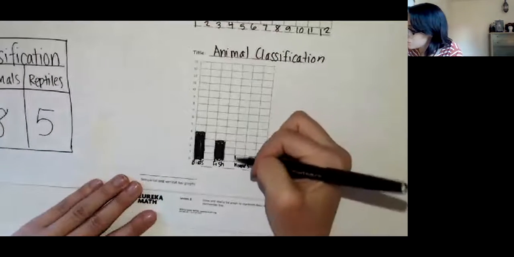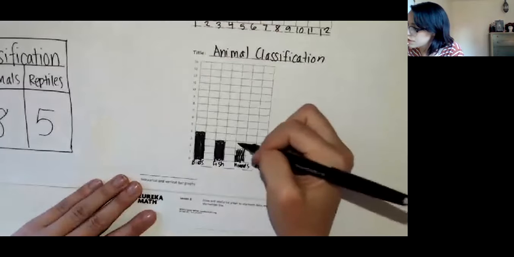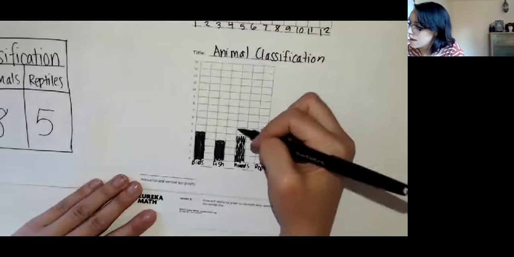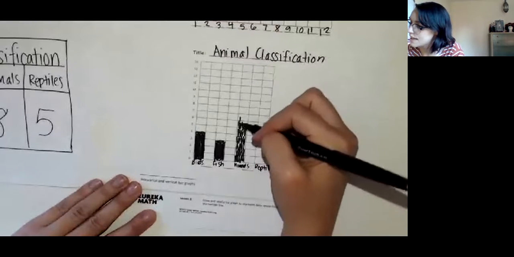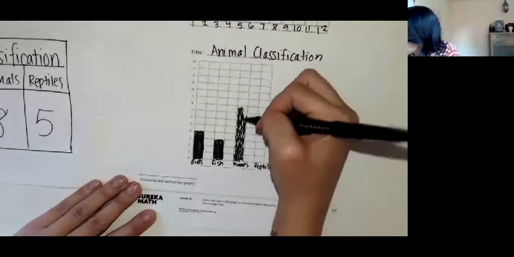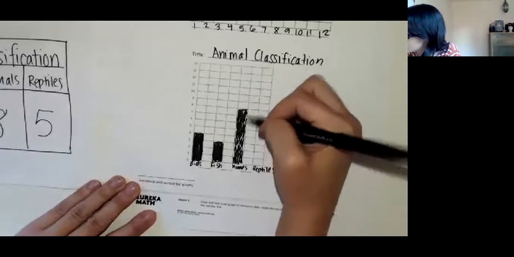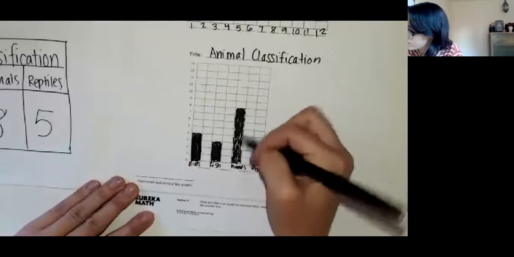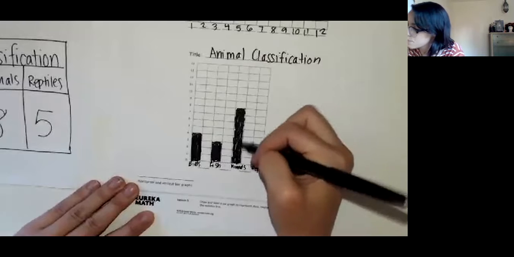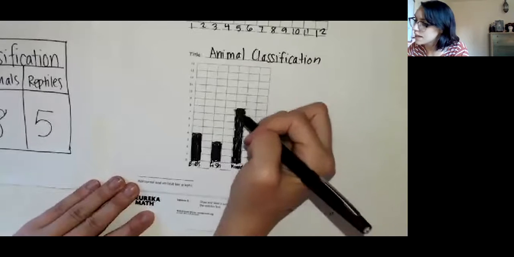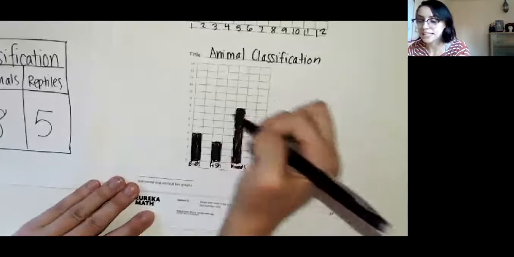So we're going to shade in 1, 2, 3, 4, 5, 6, 7, 8. Make it a nice solid bar there for our bar graph, and it lines up perfectly with the number 8.